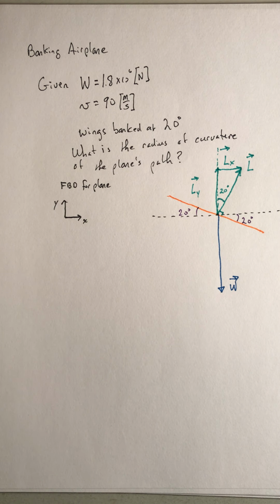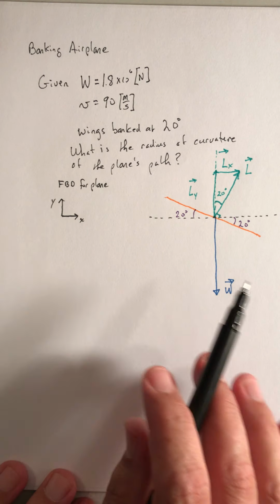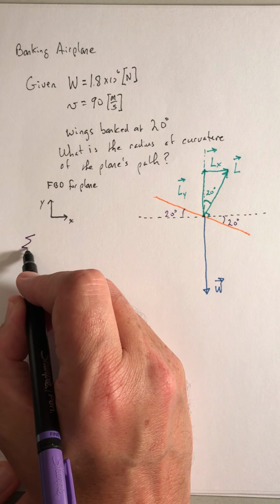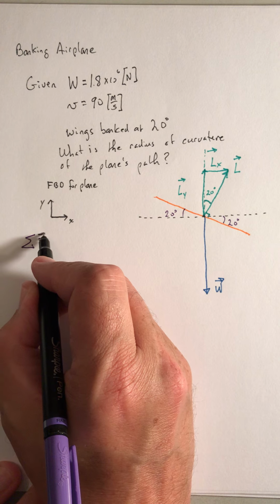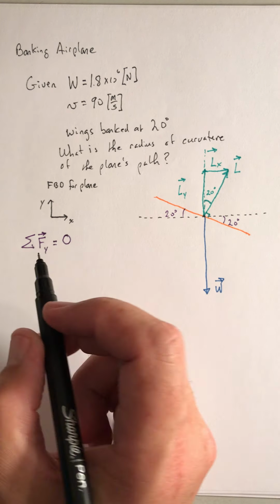Alright, so for our airplane, it's in equilibrium along the y direction, along the vertical direction. So I can say that I add up all of the y components of forces, and by Newton's first law, those are going to sum to 0.